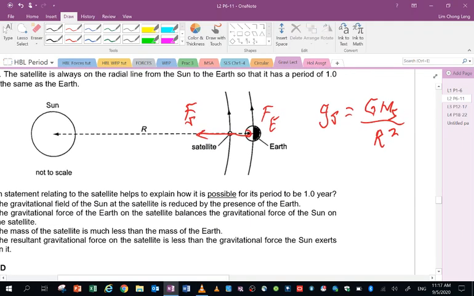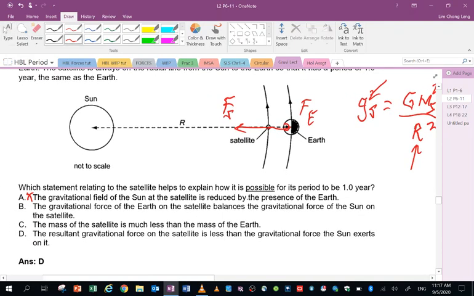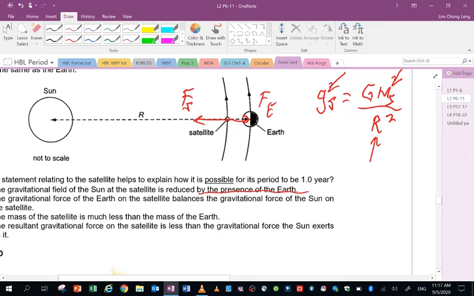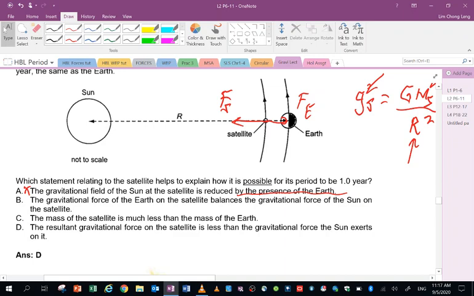So you notice that this field strength g of the Sun depends on the mass of the Sun, and it depends on the distance from the center of the Sun. So it has nothing to do with the presence of the Earth. It is based on this formula, so it is wrong.